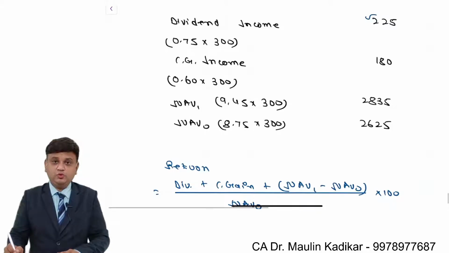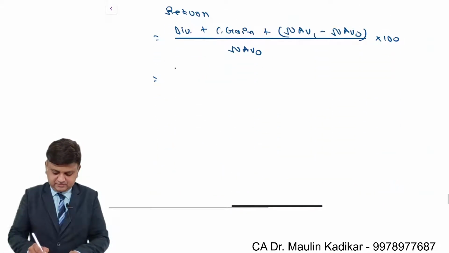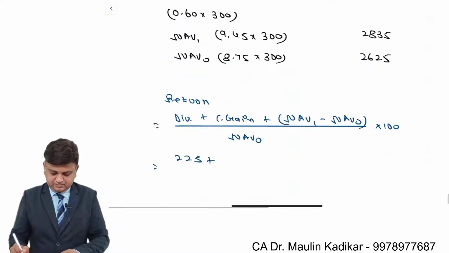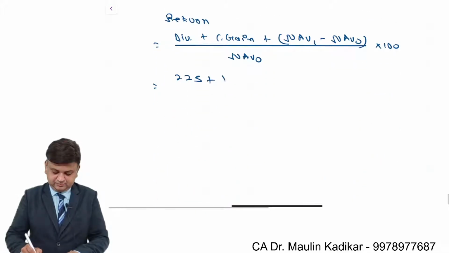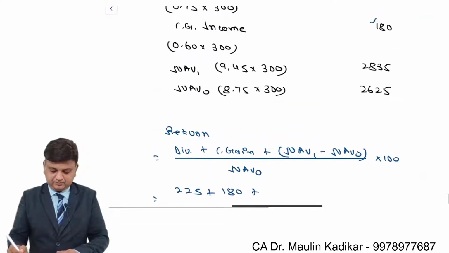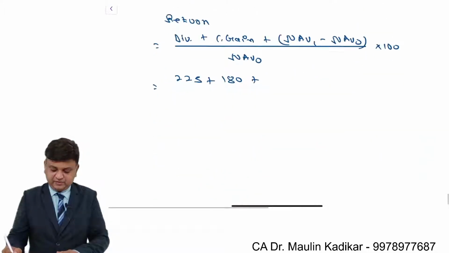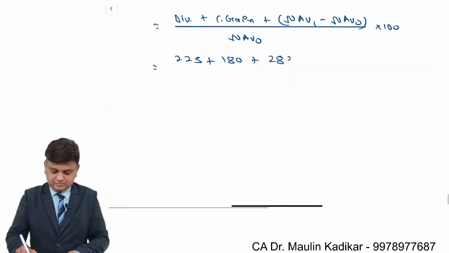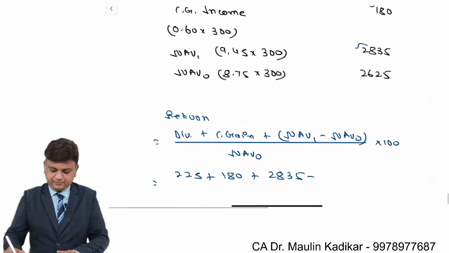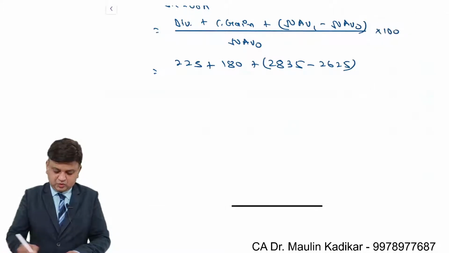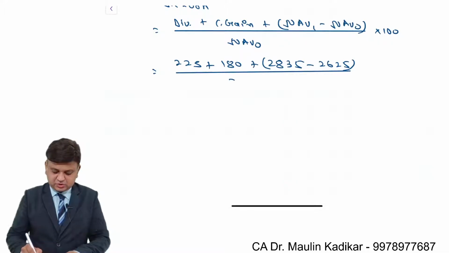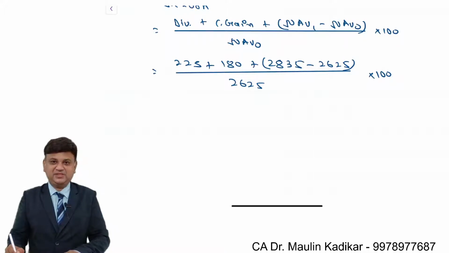Dividend income is 225 rupees. Capital gain income is 180 rupees. NAV 1 is 2835. NAV 0 is 2625. Whole divided by 2625 into 100 for getting the answer in percentage terms.